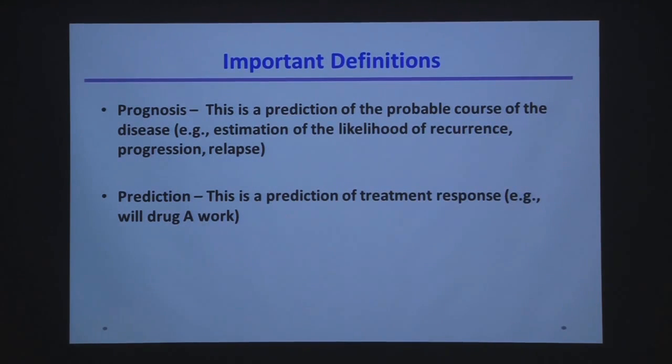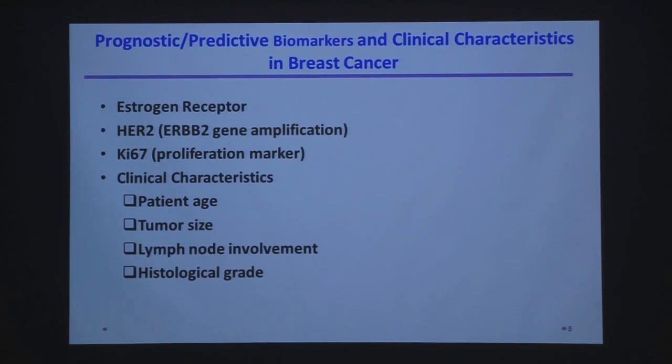So the work that I'm going to be showing you is looking at prediction models and trying to understand, using some of the genetic work with the MIP arrays, how we look at these kinds of likelihood of recurrence. And then what I mean by prediction is whether a person will have a treatment response, and whether or not a certain drug will be used. So this is the difference between prognosis and prediction.